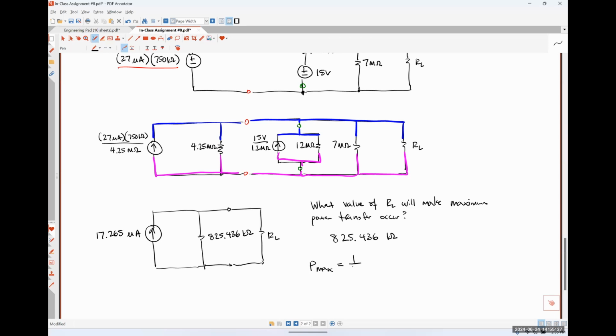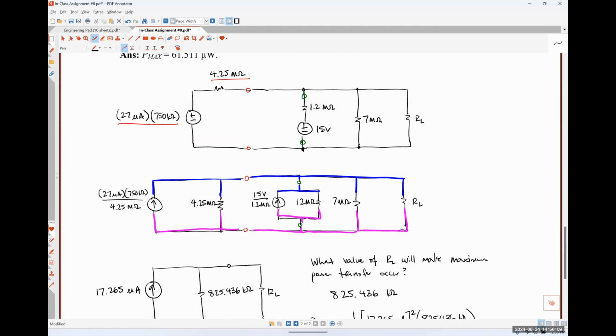And then how would we find our maximum power? Well, I just gave you guys an equation. It's going to be 1/4 times 17.265 microamps squared times 825.436 kilo ohms, which I get to be 61.509 microwatts.